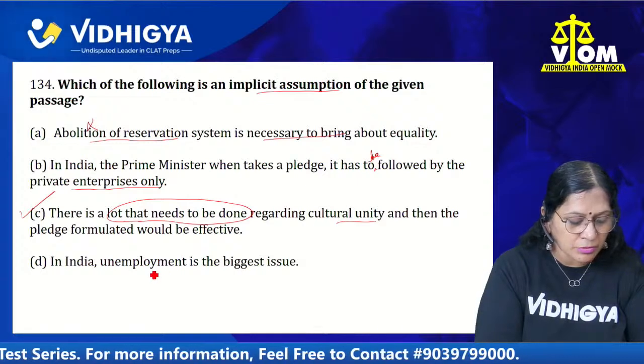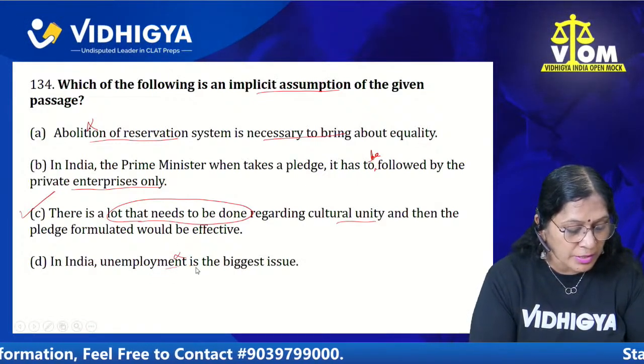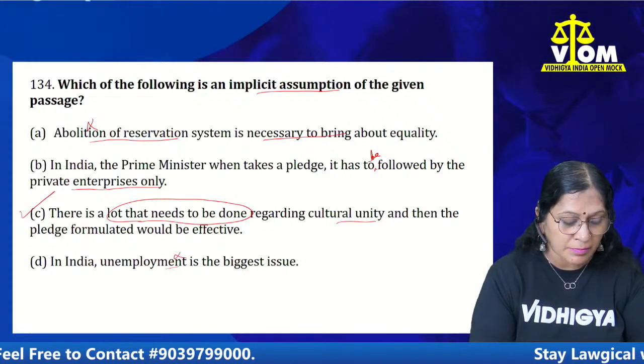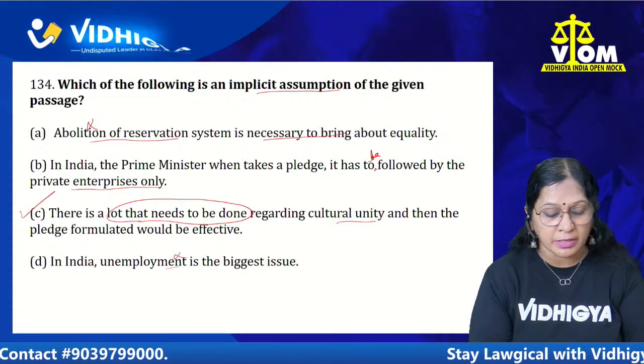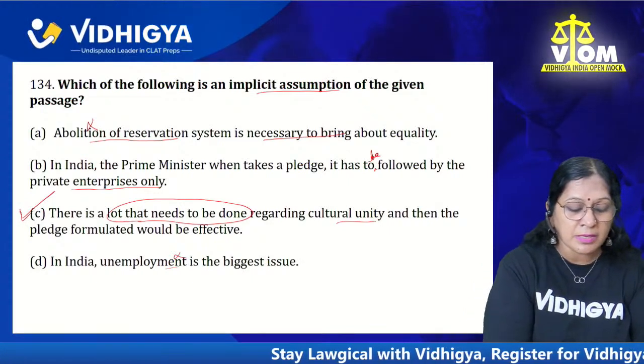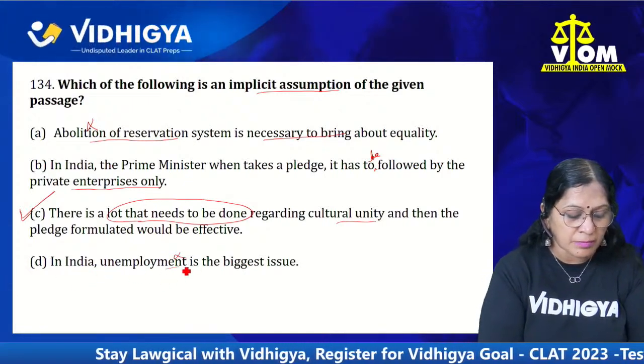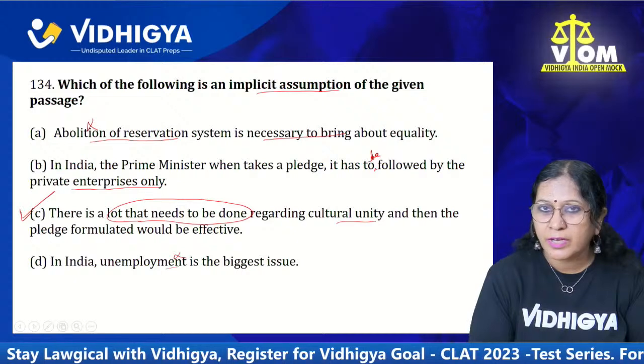Unemployment is the biggest issue. We can't say this. If he talked only about, or if he thought about unemployment as the biggest issue, then he would not talk about unity and all. So, see, the way the assumption questions are done, you start with the negation technique. If I say in India unemployment is not the biggest issue, fine, no problem.